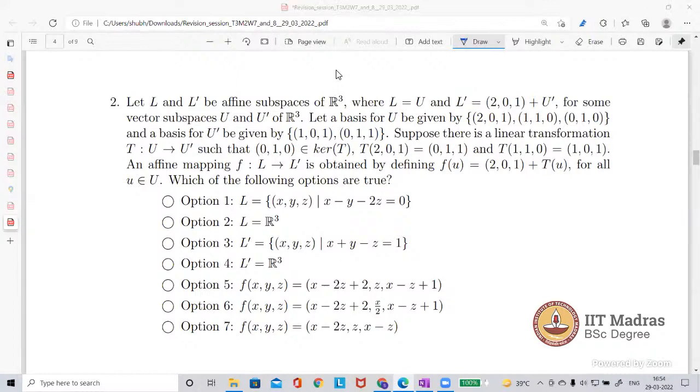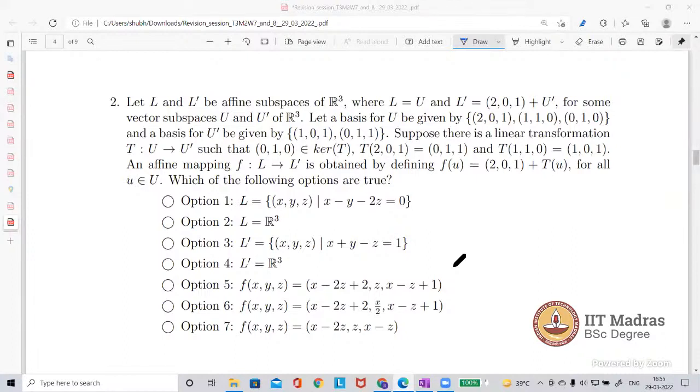Today I will do more than one question. Today I will give you a trick so that you can easily decide which option is true for the affine, only using the basic definition, which you have to remember. So let's do that here.